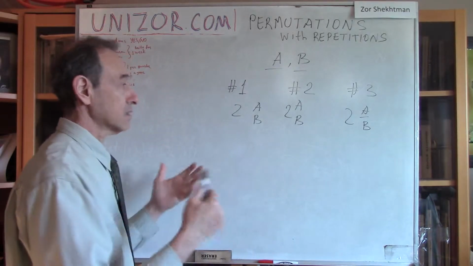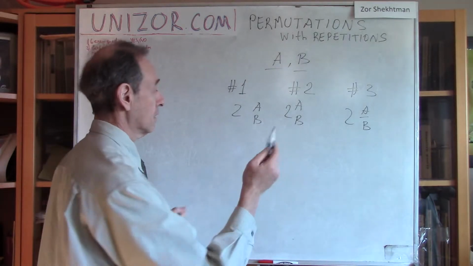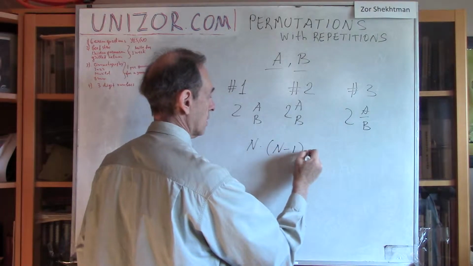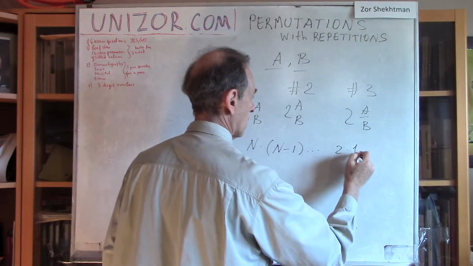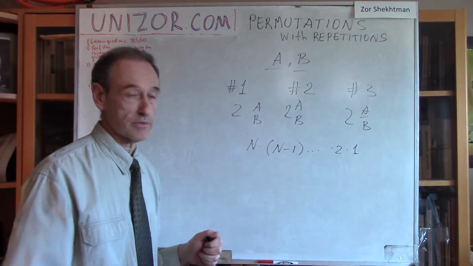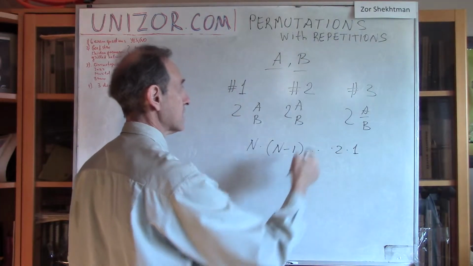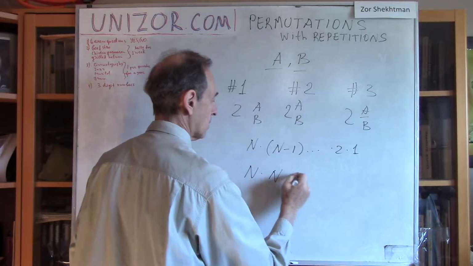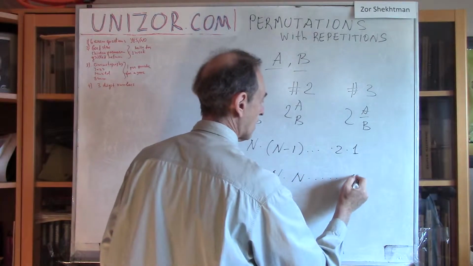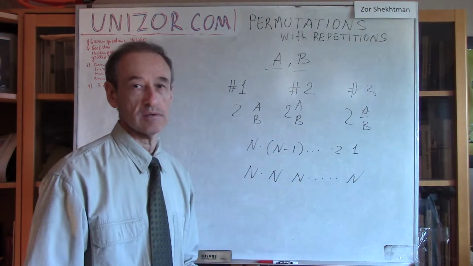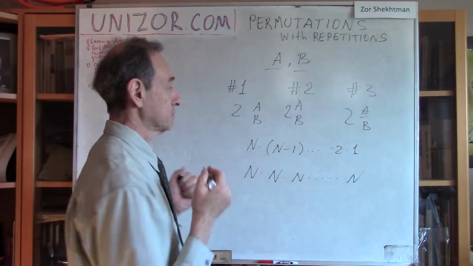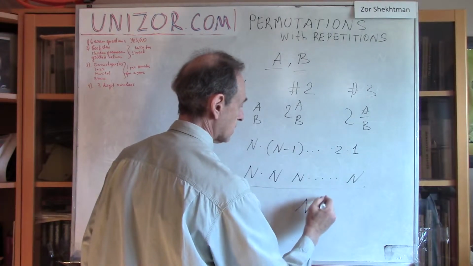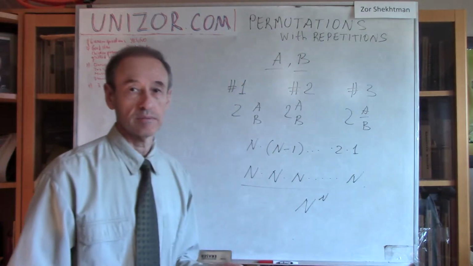Therefore, instead of multiplying diminishing numbers of choices, in the case of repetition we are multiplying the same number again and again. So in this particular case, it's n to the power of n.